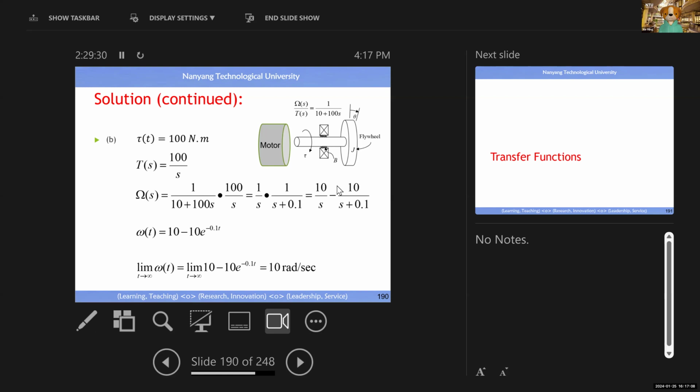This you consider is a displaced version of 1 over s. You have a displacement plus 0.1. Then in time domain, you just add an exponential function of the displacement times t, then negative 0.1.